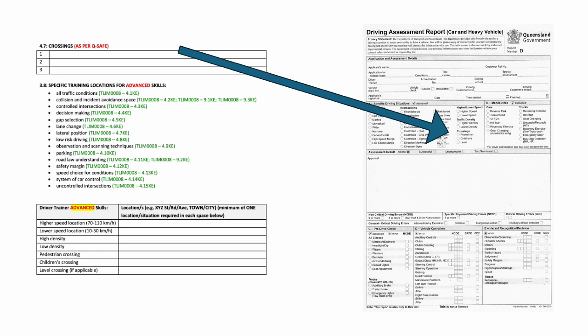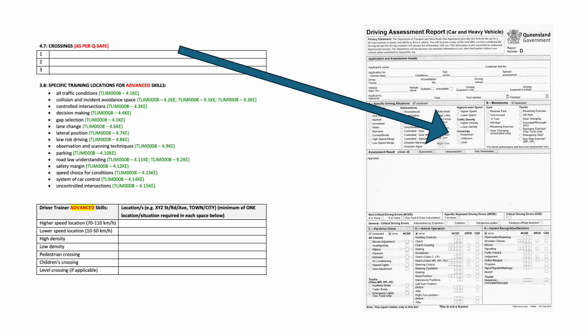We've got all traffic conditions, we've got collision and incident avoidance space, we've got controlled intersections, decision making, gap selection, lane change, lateral position, low risk driving, observation and scanning techniques, parking, road law understanding, safety margins, speed choice for conditions, system of car control, and uncontrolled intersections.